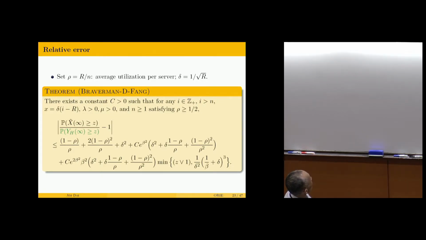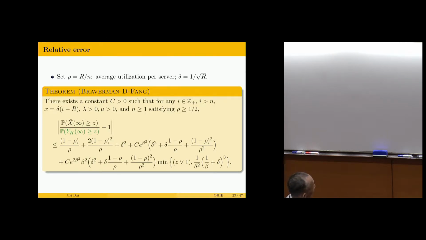So let me tell you about this moderate deviation result. The important thing here is that C is a universal constant. Maybe this is best understood in the setting of the Halfin-Whitt regime, where beta is fixed.